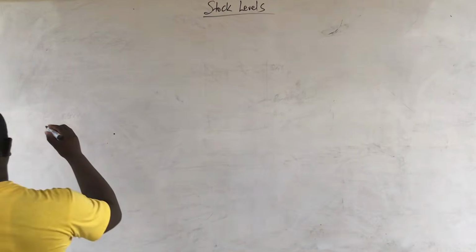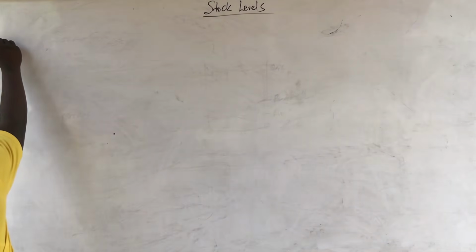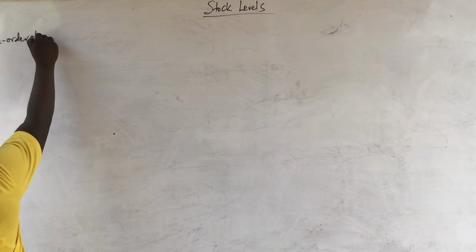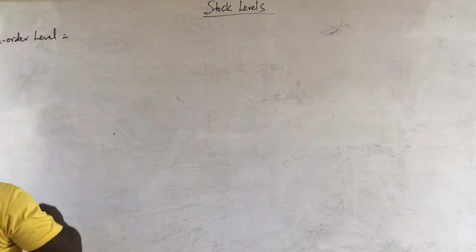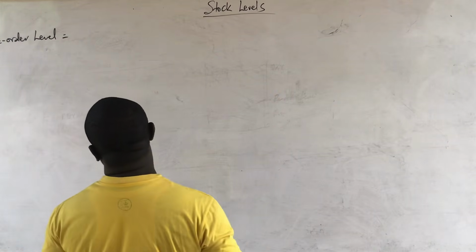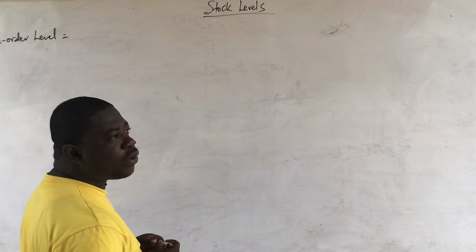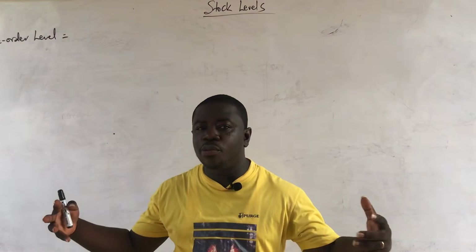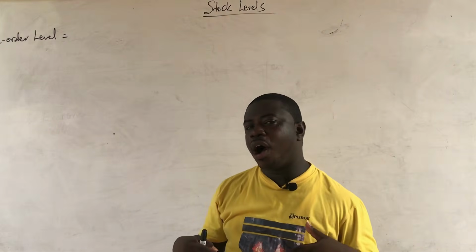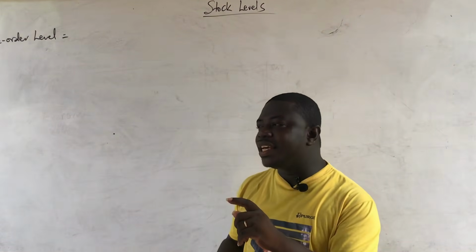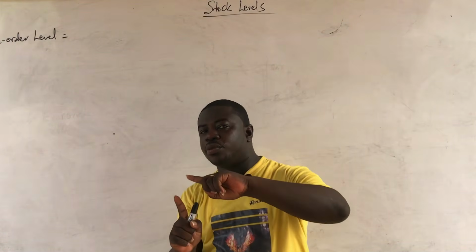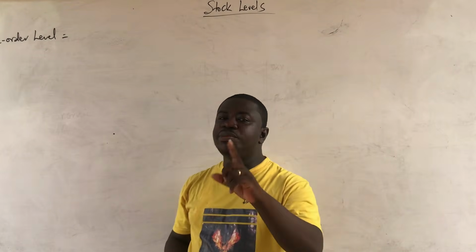Now, we are beginning with the reorder level. We said that it is the level that gives us the alarm to order for new stock. And so over here, we are going to consider our maximum consumption within the year, or our maximum usage. In this case, we are going to use usage and consumption interchangeably. So usage means consumption.